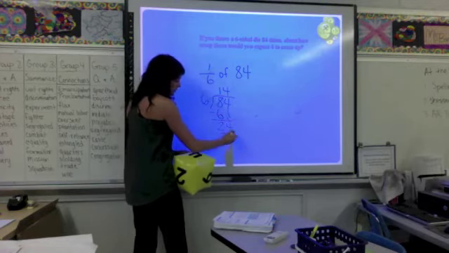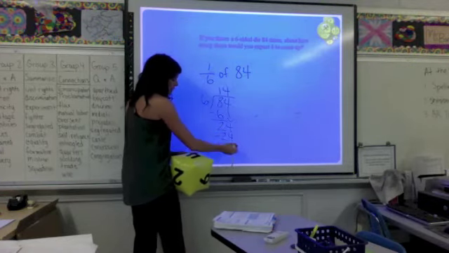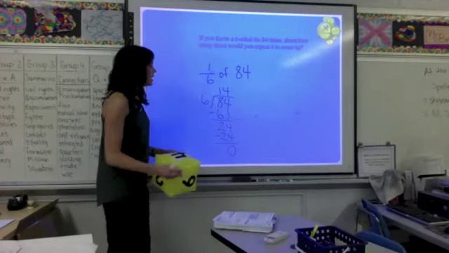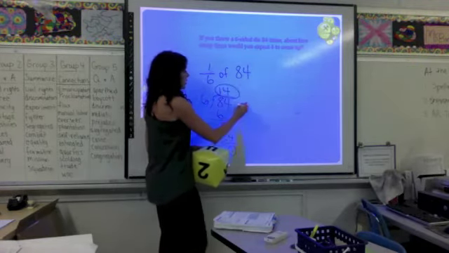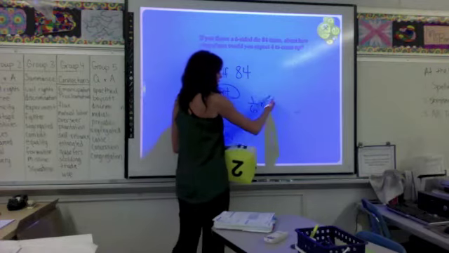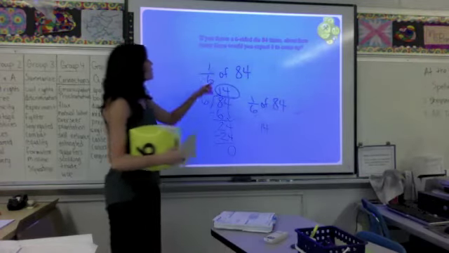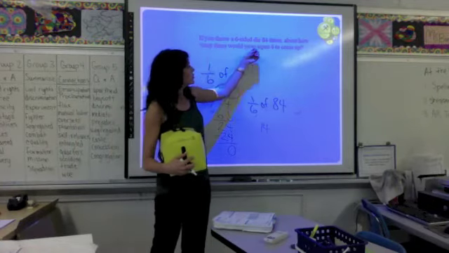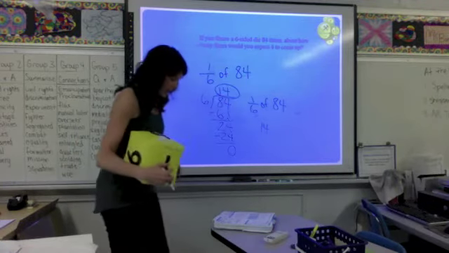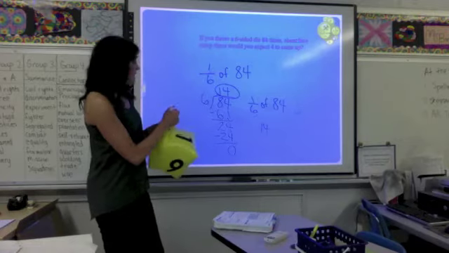I can write that below if I want, but I don't have to because I know I won't have a remainder, and my answer is 14. So I know that 1/6 of 84 is 14. My question was about how many times would you expect 4 to come up, and the answer is 14 times.